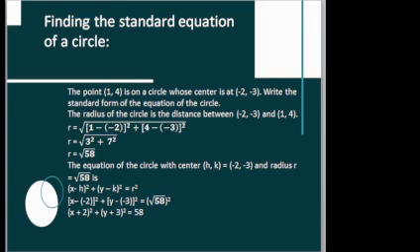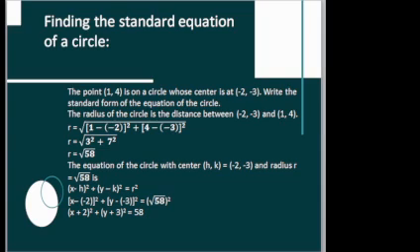So we have the r is, we can have x sub 2 minus x sub 1. So we have 1 minus negative 2 squared plus y sub 2 minus y sub 1. The y sub 2 is 4 and the y sub 1 is negative 3.